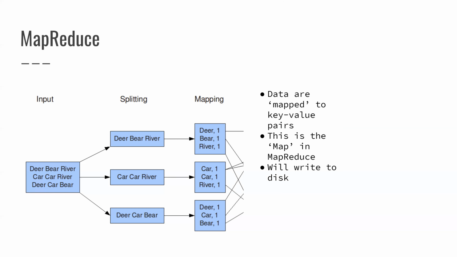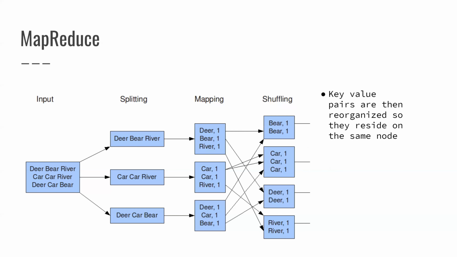So on that first worker, it's like, okay, for the key of deer, we have a value of 1, and bear 1, river 1, and then it also goes down to the second worker, and that worker did the same thing, and car 1, river 1, right? So this is that map part, mapping this initial data into this alternative format. And then it writes it to disk here, right? So these map values are written to disk.